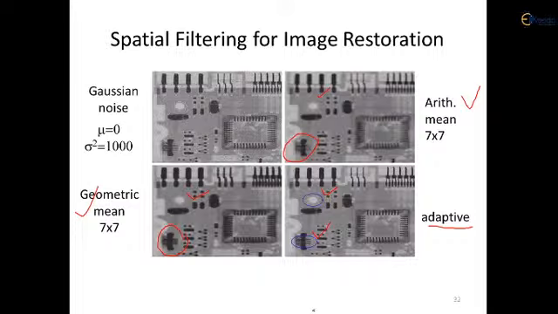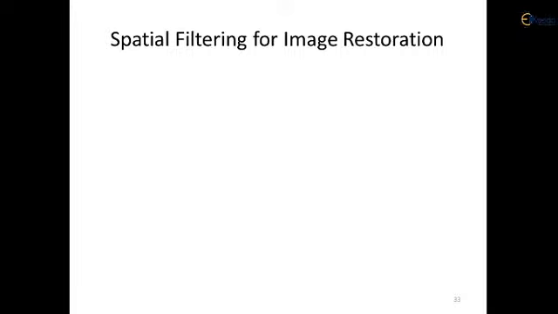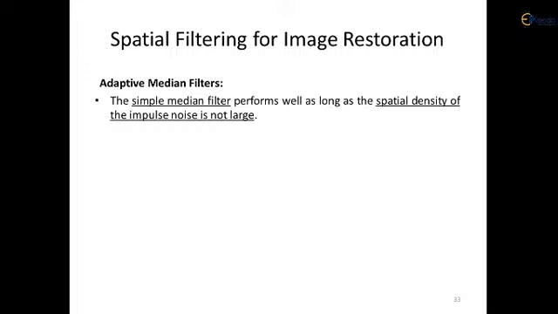Now the last topic we are going to discuss, a second subcategory of the adaptive type of filtering, another popular one, is called adaptive median filtering. So we have adaptiveness as well as medianness here. A simple median filter performs well as long as the spatial density of the impulse noise is not large.